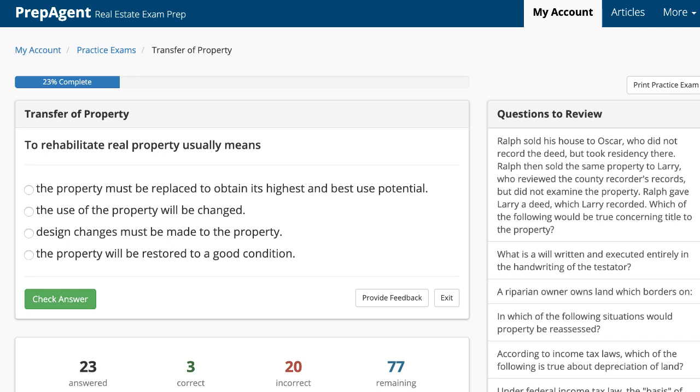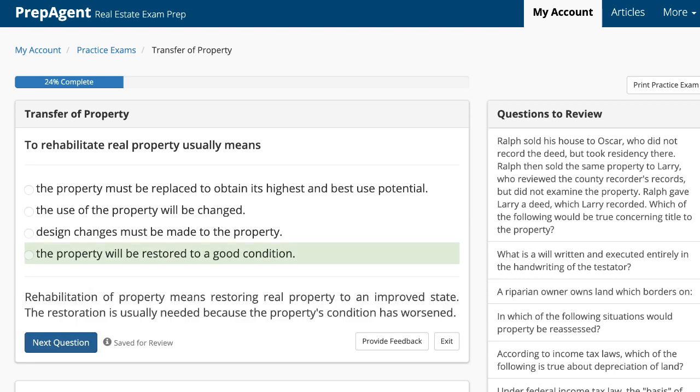To rehabilitate real property usually means A, the property must be replaced to obtain its highest and best use potential. B, the use of the property will be changed. C, design changes must be made to the property. Or D, the property will be restored to a good condition. What do you guys think? The answer is D.